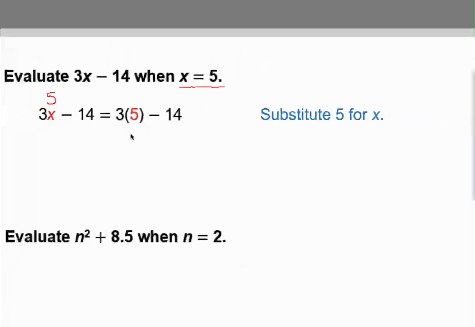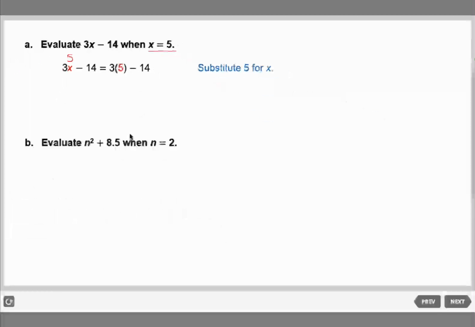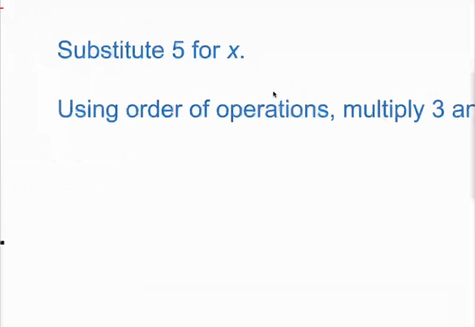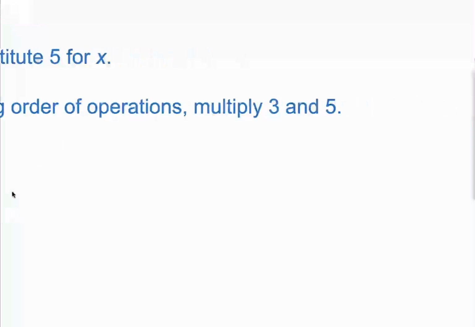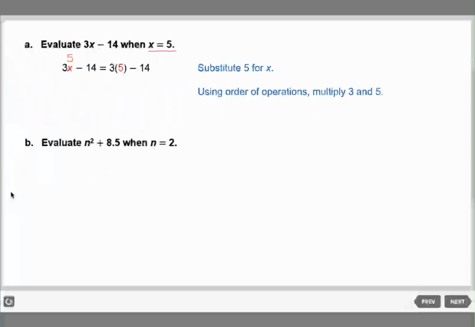That's how we substitute. 3 times 5 minus 14. Of course, you know the order of operations. We start with multiplying first, 3 by 5. 3 times 5 equals 15. 15 minus 14 equals 1.